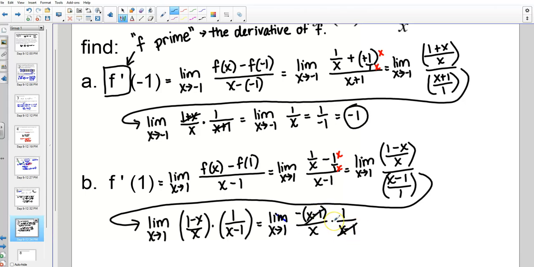And now my x minus 1s can cancel. So I'm going to be doing the limit as x approaches 1 of negative 1 over x, which is going to give me negative 1 over 1, which is also negative 1.